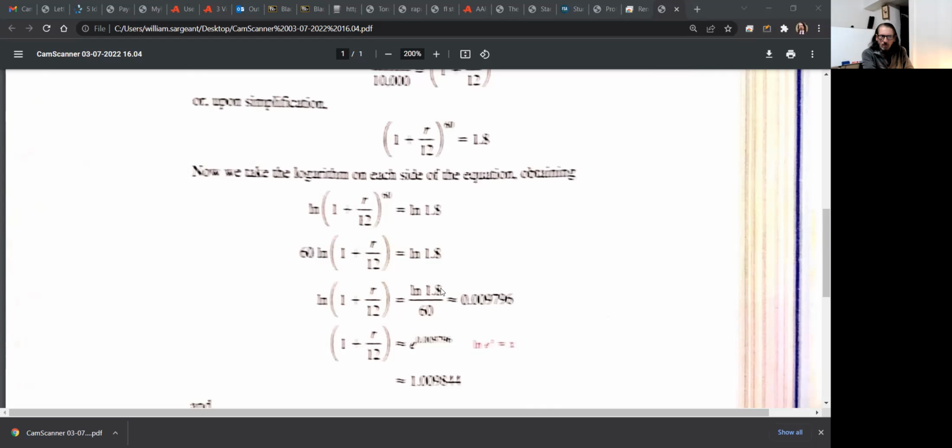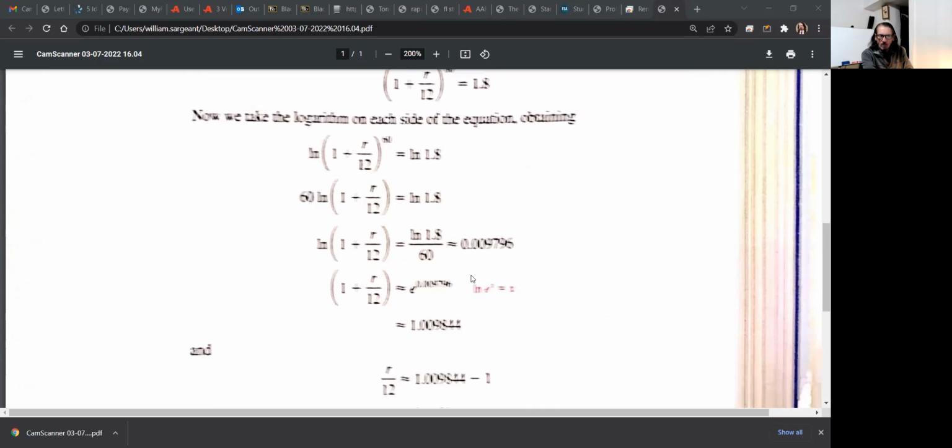So then he had to divide both sides by 60. And to get 1 plus R over 12 out of a natural log, he had to raise e to that power on the left and e to this power on the right, so that we'd have 1 plus R over 12 equals this.